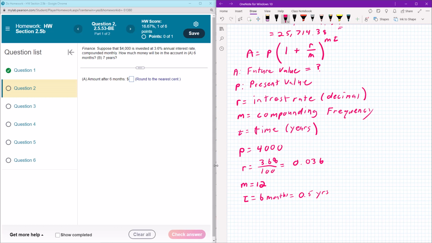Then our equation is going to be A is equal to 4,000 times (1 plus 0.036 divided by 12), all that raised to the 12 times 0.5 power. And the big question here is, how do you put all this stuff in a calculator?